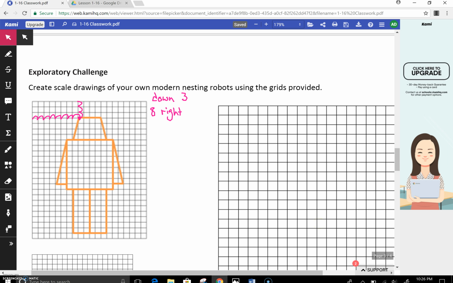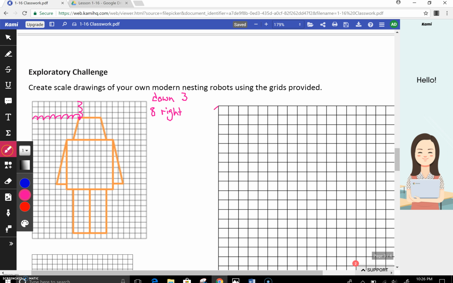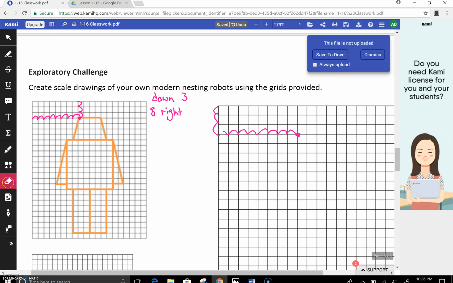Let's go 3 units down, 1, 2, 3, and 8 units in, 1, 2, 3, 4, 5, 6, 7, 8. So there's my corresponding part of the robot, his left side of his head.